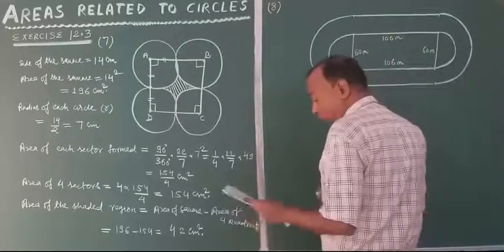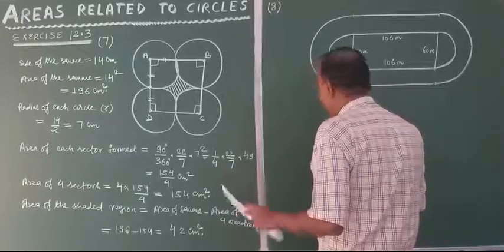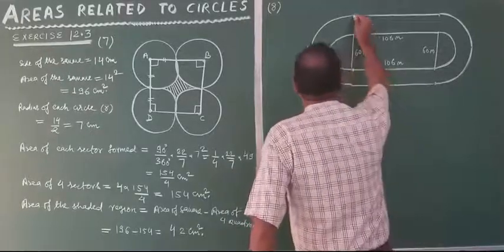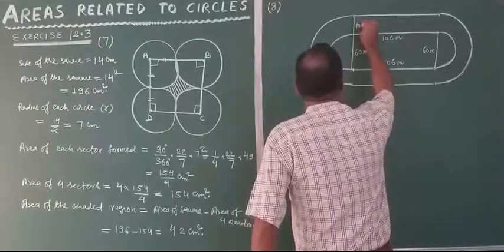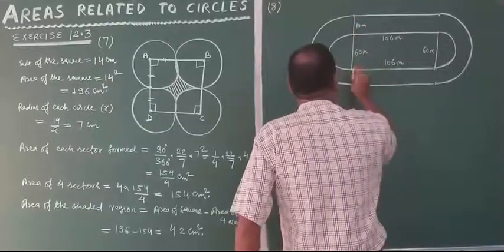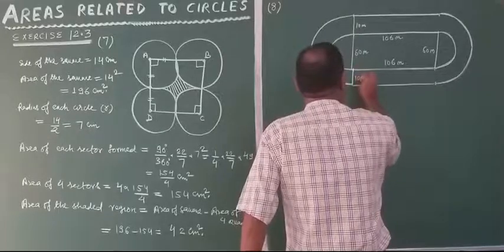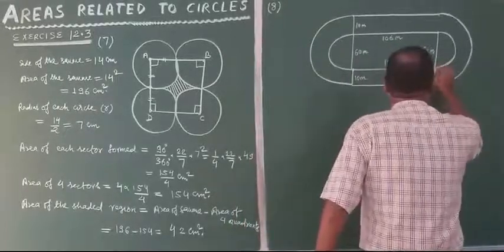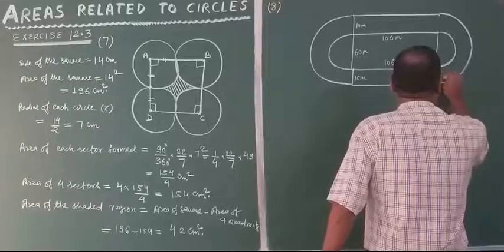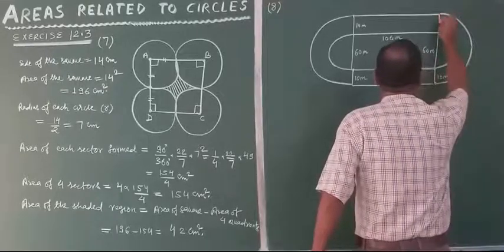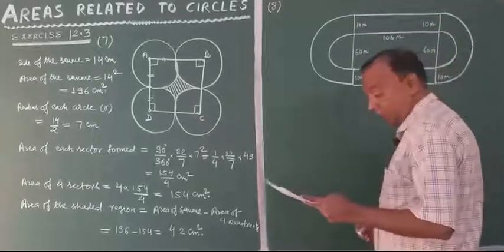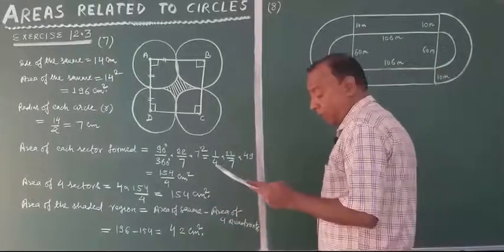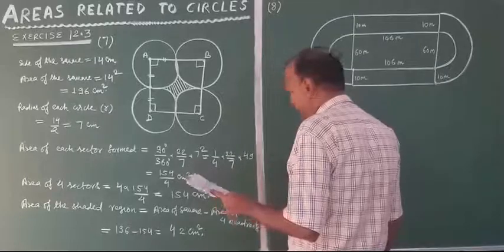If the track is 10 meter wide, this width of the track is given 10 meter. The question is this: find the distance around the track along its inner edge.